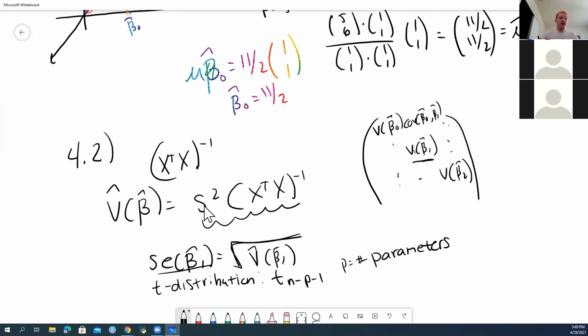Or sorry, I should say number of variables. It's a little confusing. In this case, it'd actually be 2. So you'd say t of n minus 2 minus 1, which equals t of n minus 3. It's not n minus 3 minus 1. It's a little confusing, but the 1 is added for beta naught.